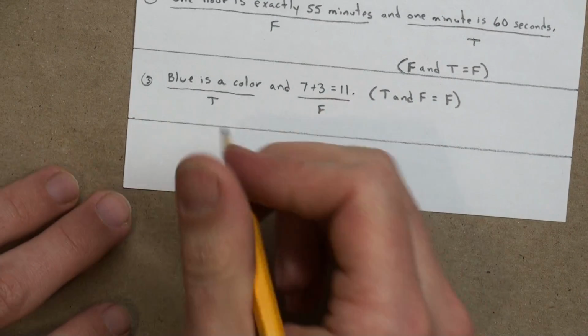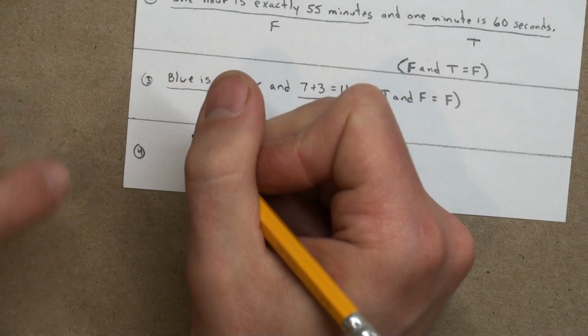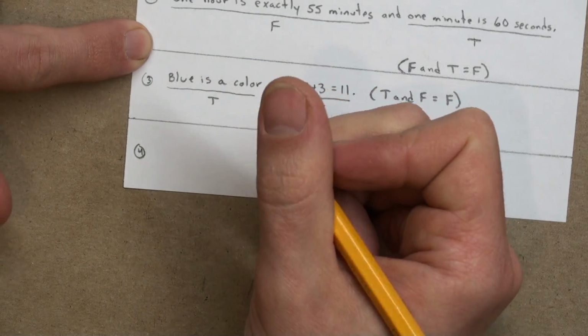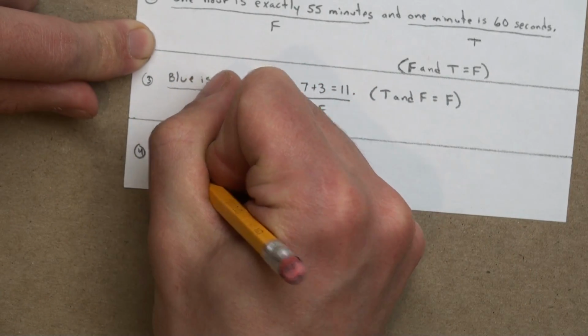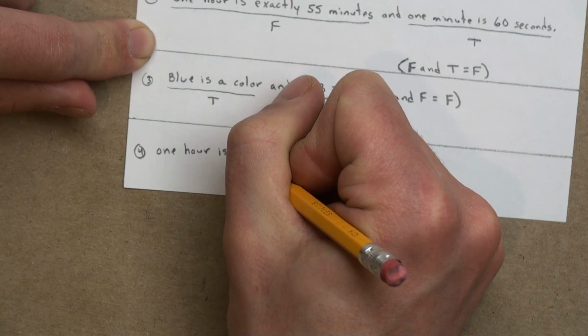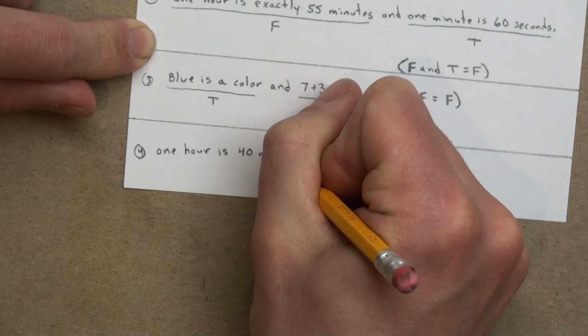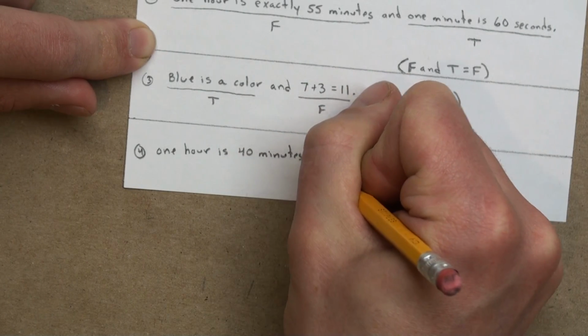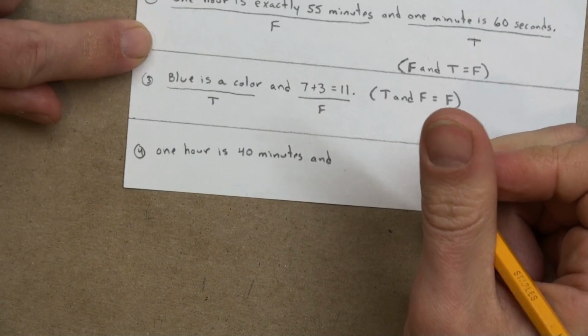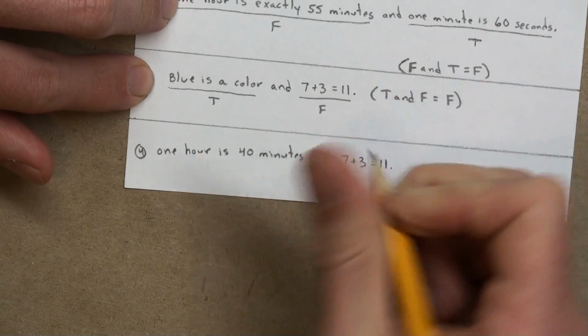So we can do one more type of example where they're both false. Like 1 hour is 40 minutes and 7 plus 3 equals 11.